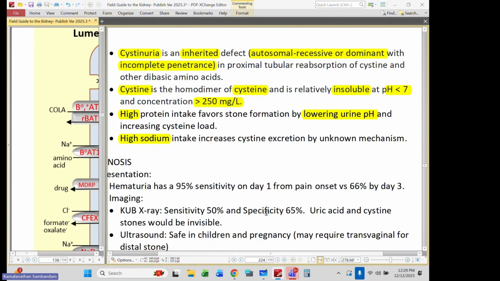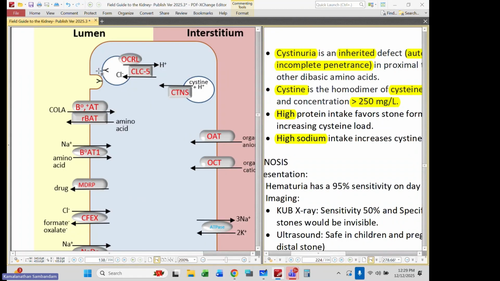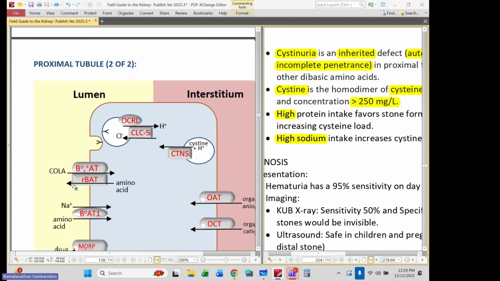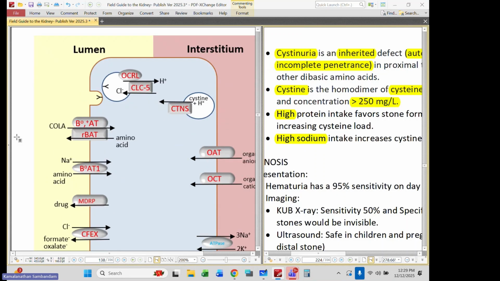Similar to the calcium oxalate stone former and the calcium phosphate stone former, there's a dependence of cystine excretion rate on sodium intake. And maybe this is simply the familiar effect of volume expansion on mass transport in the proximal nephron, including transport of this transporter.